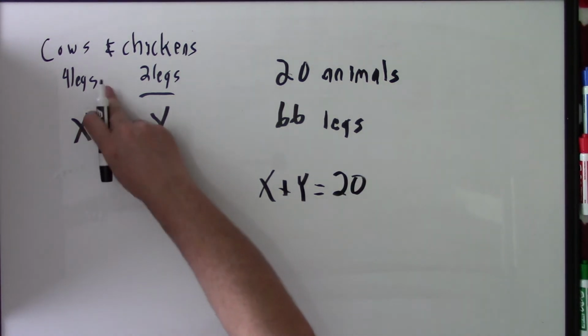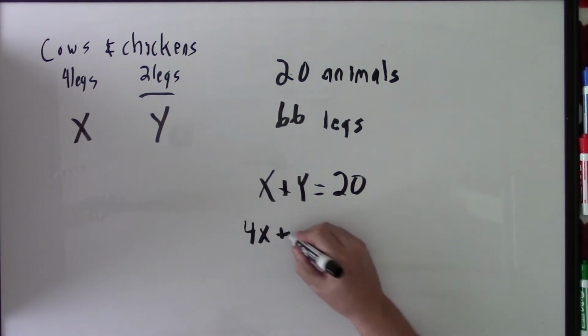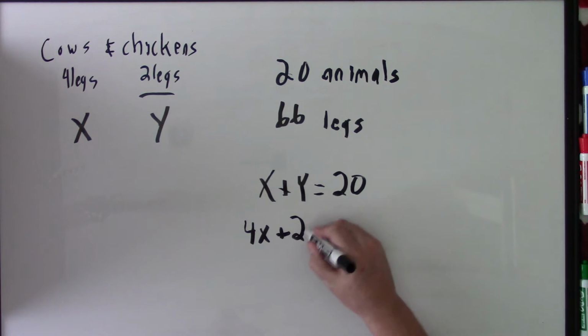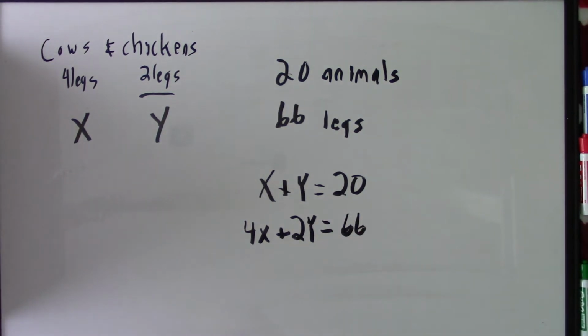A cow has 4 legs, so 4x plus a chicken has 2 legs, plus 2y is equal to 66. So now I have 2 equations and 2 unknowns, so I can solve this system of equations.